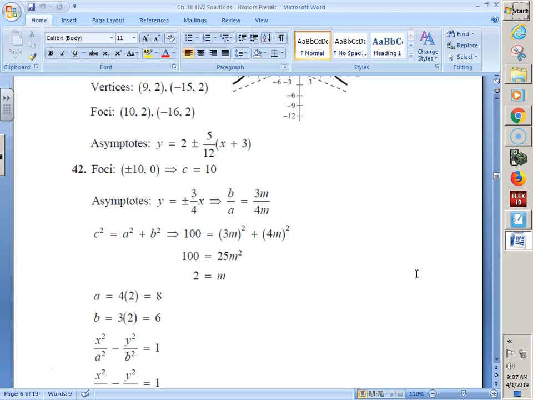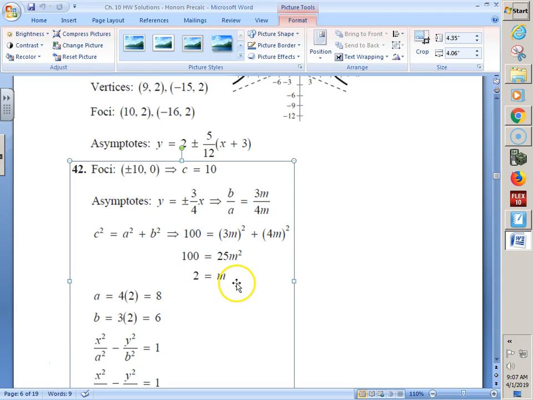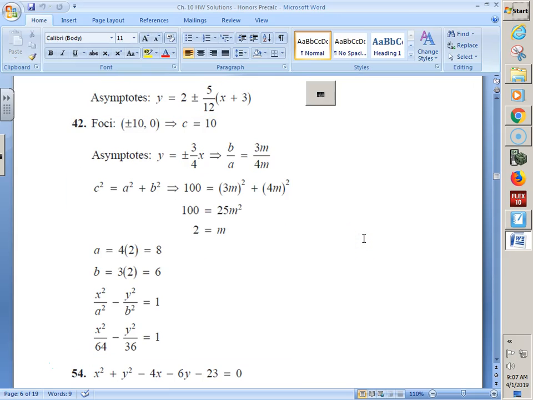Number 42. Did you guys get the clue of C? But did you figure out it was only possible if B was 6 and A was 8? This one's tricky. A lot of people would have said 3 and 4. It wasn't 3 and 4. It was 6 and 8, which is also 3/4. Ooh!